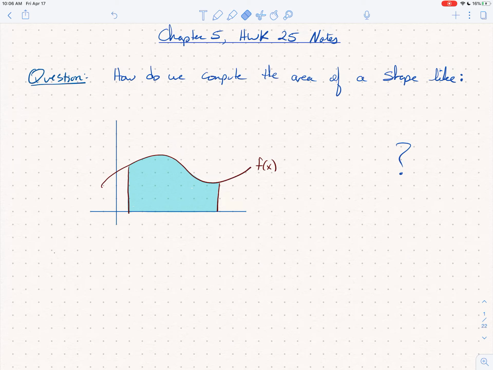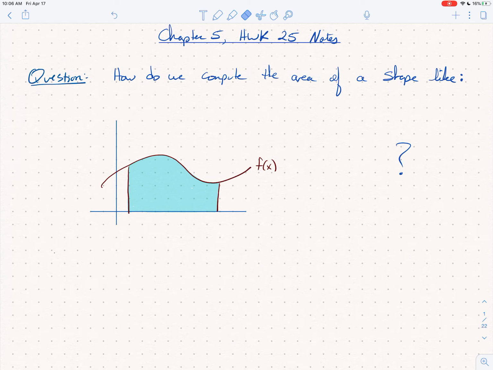Okay, so the question that we're going to be looking at in Chapter 5 is very different than what we've been doing so far. So far in the class, we've been computing slopes of tangent lines. And if you think about it, that's really been our focus all the way from Chapter 2. We spent a lot of time in Chapters 2 and 3 learning derivative rules to speed up our ability to compute slopes of tangent lines.